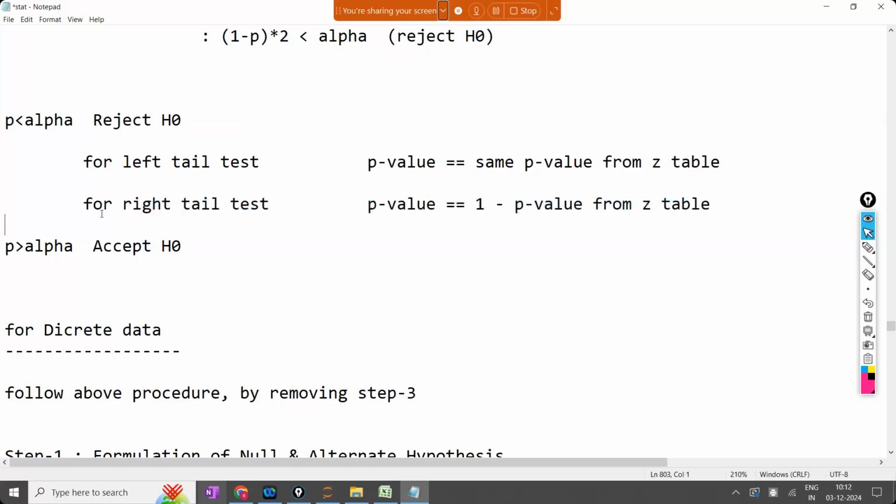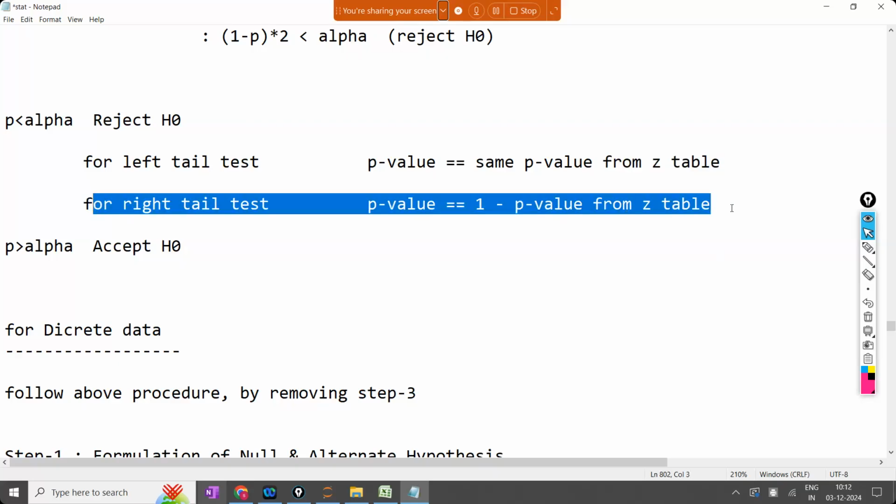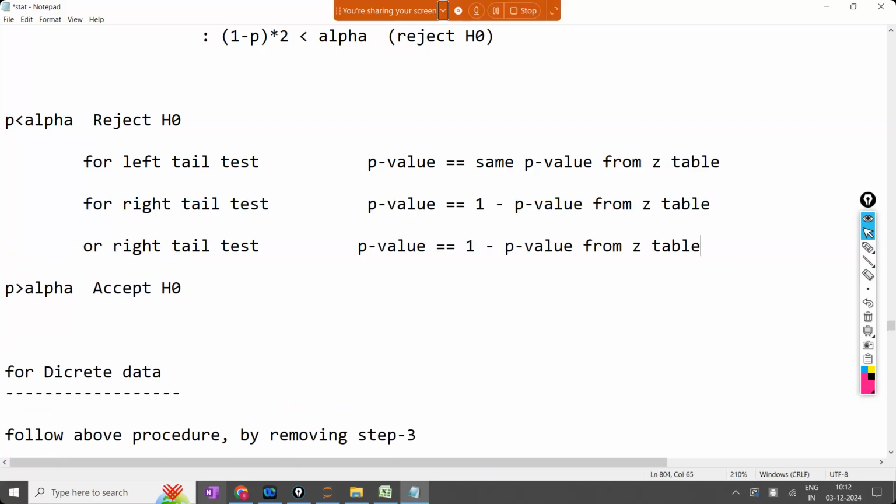For a two-tail test, your P value is equal to 1 minus the P value from the Z table. Whatever P value you have received, you have to multiply that by 2.